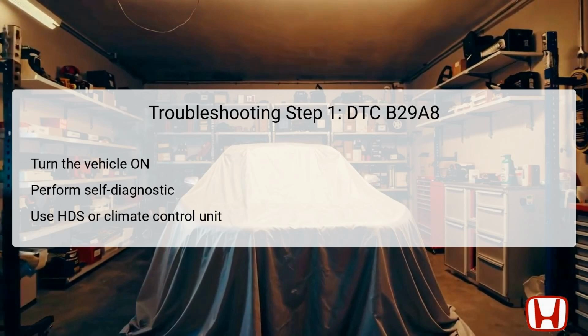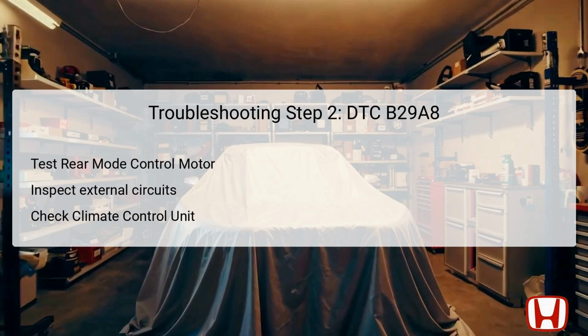This initial step sets the stage for a thorough investigation of related components and systems, while establishing a baseline for any observed anomalies. The second step in the troubleshooting process focuses on testing the rear mode control motor. Begin by disconnecting the rear mode control motor connector, specifically the 5P connector.